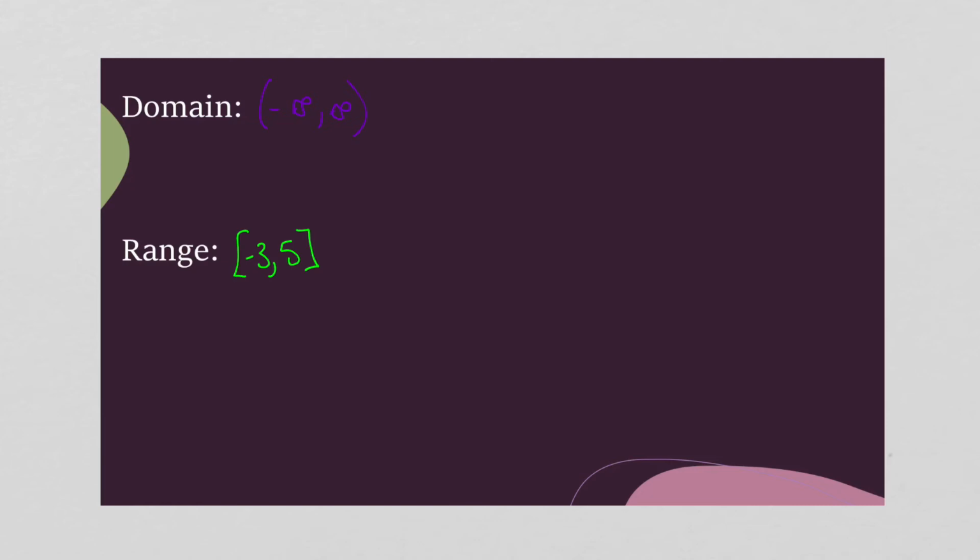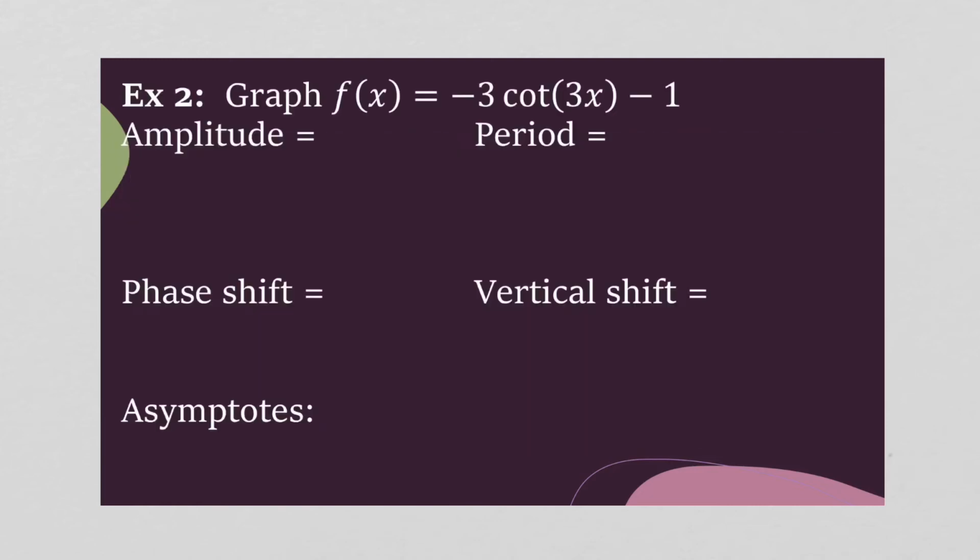Let's look at an example with tangent or cotangent. So we're going to graph f of x is equal to -3 cotangent of 3x minus 1. Okay, what's the amplitude?